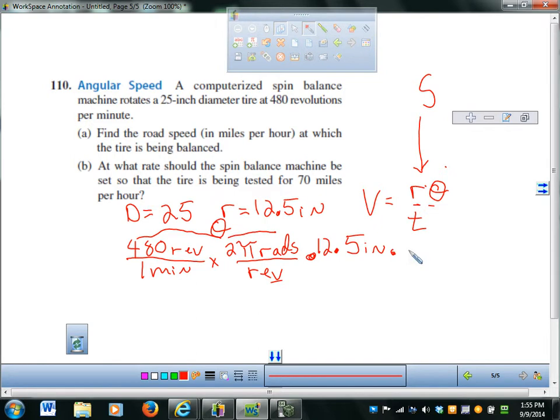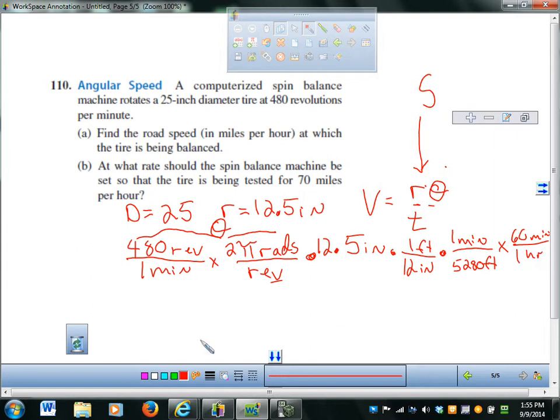I know there are 12 inches in 1 foot, and 5,280 feet in 1 mile. And this is in minutes. I need hours, so I'm going to multiply by 60 minutes in 1 hour.